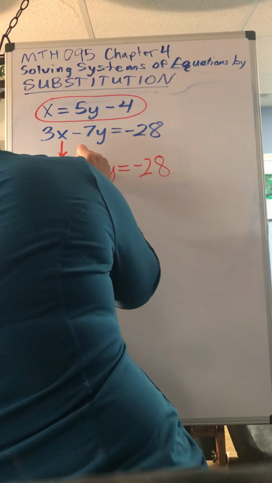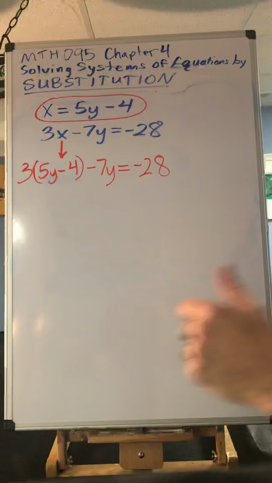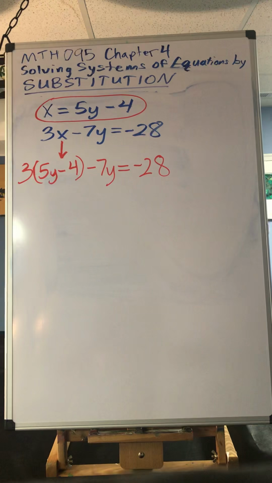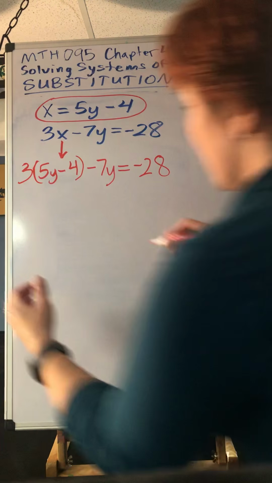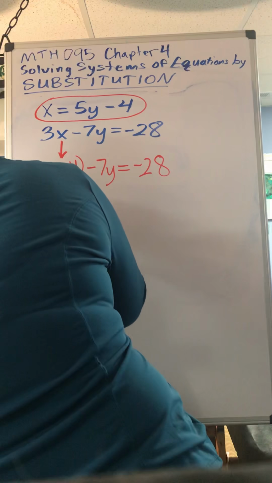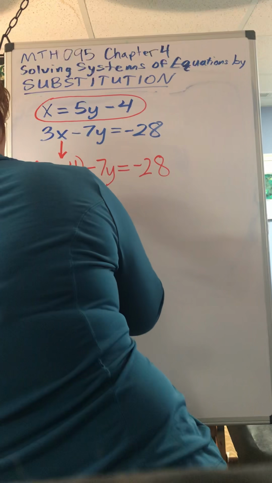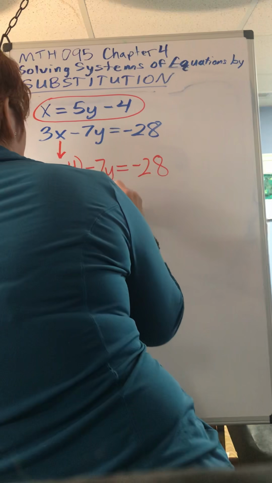Notice I used parentheses so that the 3 is multiplied by both values in that expression. So now we're going to distribute the 3. 3 times 5y is 15y. 3 times 4 is 12.